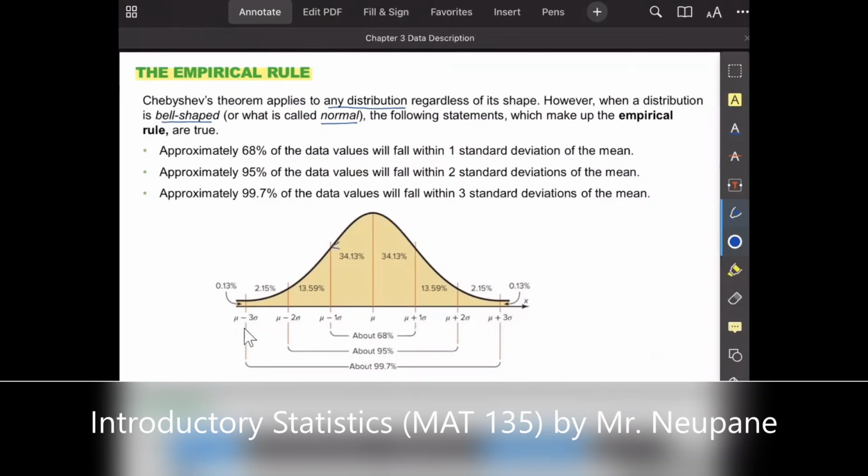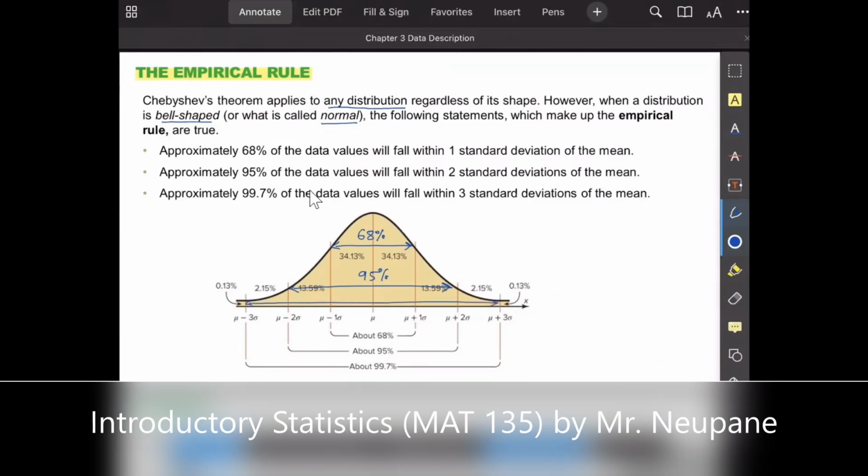Within one standard deviation of the mean, we'll have 68% of the data. Within two standard deviation of the mean, we'll have 95% of the data. And within three standard deviation of the mean, we'll have 99.7% of the data.